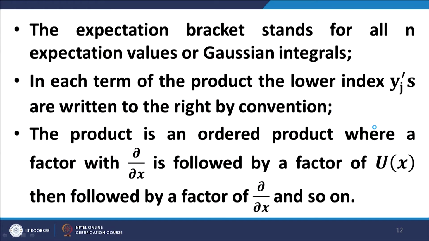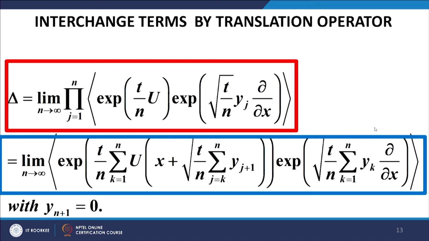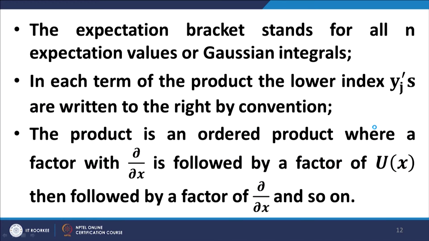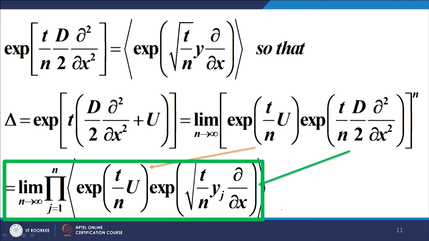Now, this we discussed, not much to say about this. Now, we come to a very important property. How does our term look? Let us go back. If you write it out completely without the abbreviated notation, you find it has a term in d by dx, then a term in u, then a term in d by dx, then a term in u, and so on.